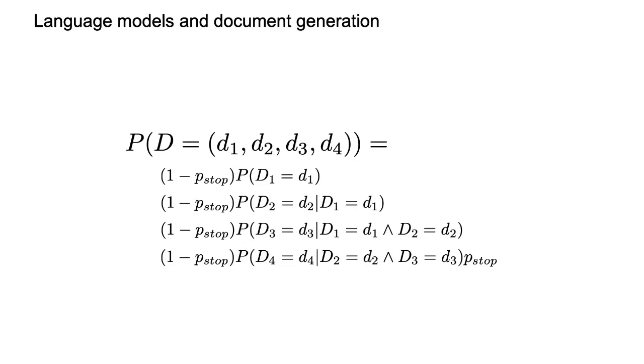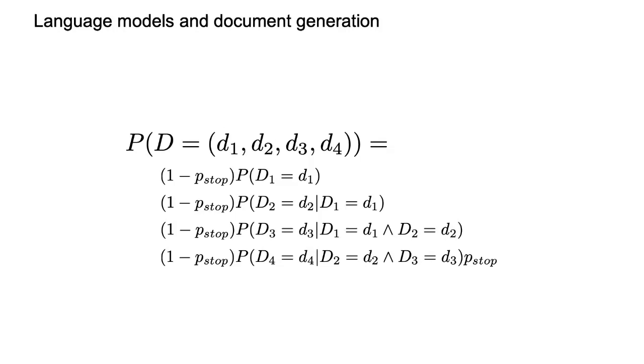And we saw that with the chain rule, this is what you get, right? So the probability that you get D1, D2, D3, D4 is the probability that you don't stop times the probability that you get D1 times the probability you don't stop times the probability you get D2, knowing D1, times the probability you don't stop times the probability you get D3, knowing D1 and D2, times the probability you don't stop times the probability you get D4, knowing D2 and D3.